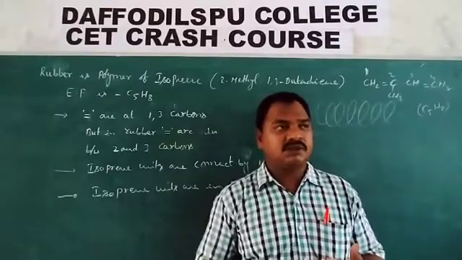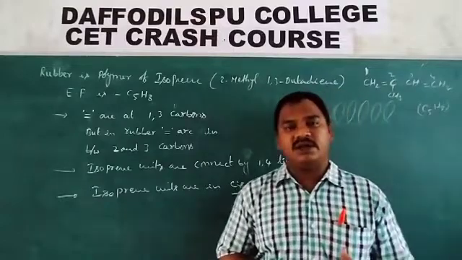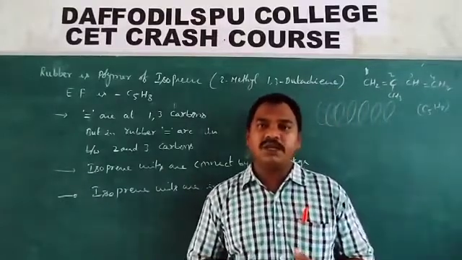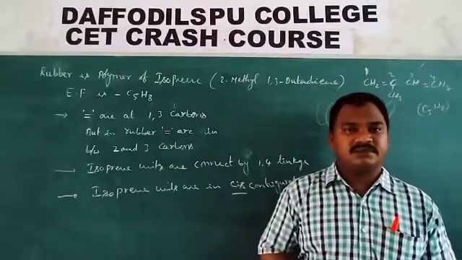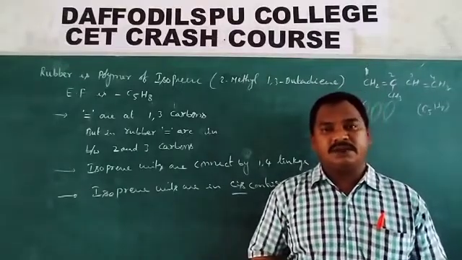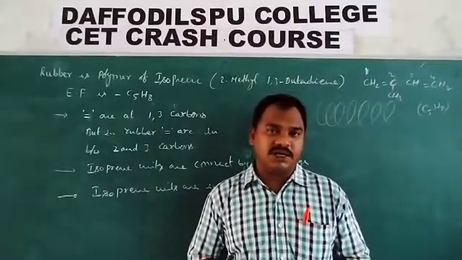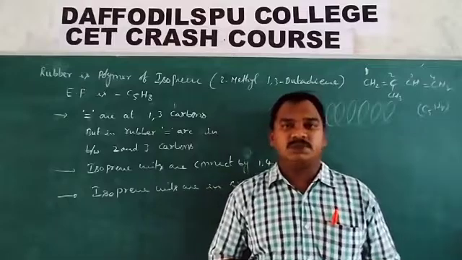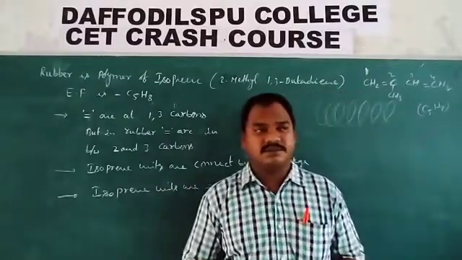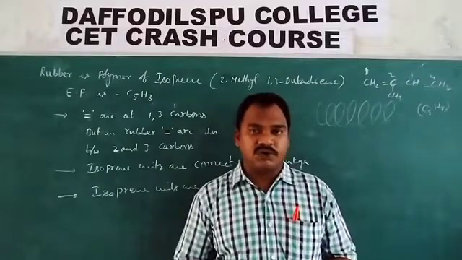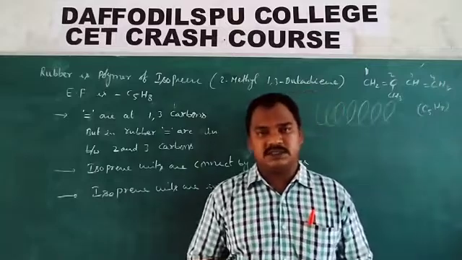Some of the biodegradable polymers are PHBV. What is PHBV? Poly beta hydroxy butyrate co-beta hydroxy valerate is called PHBV. This PHBV contains 3-hydroxybutanoic acid and 3-hydroxypentanoic acid.